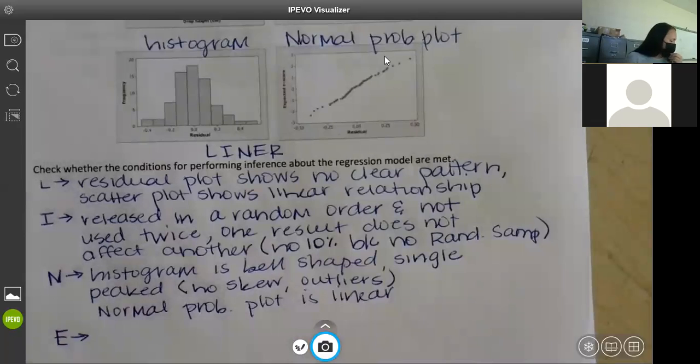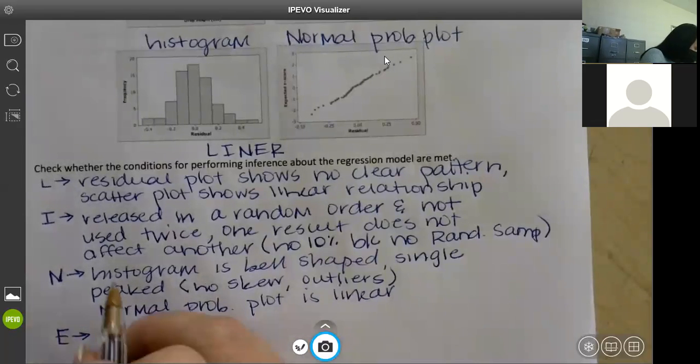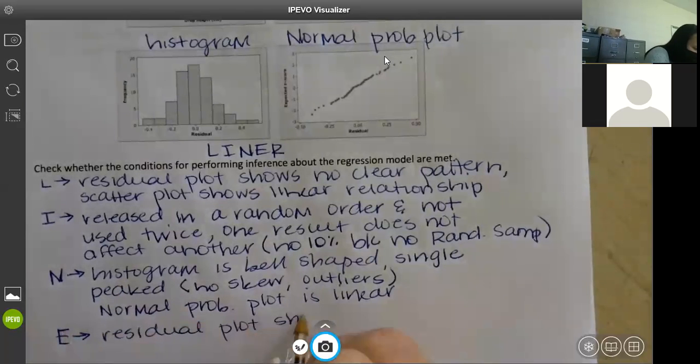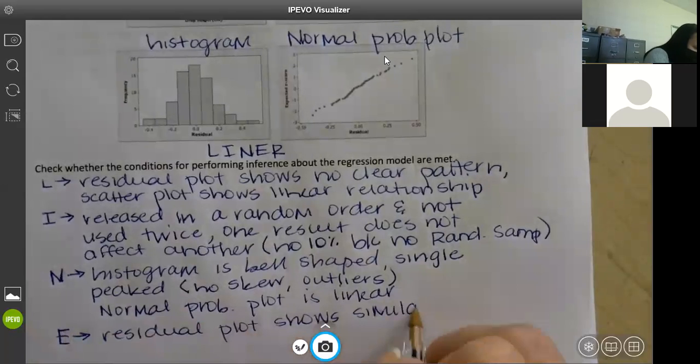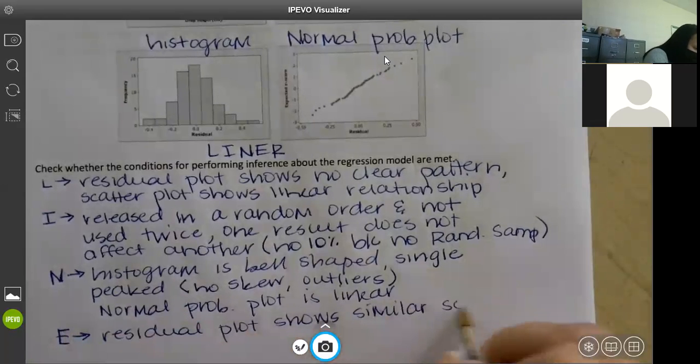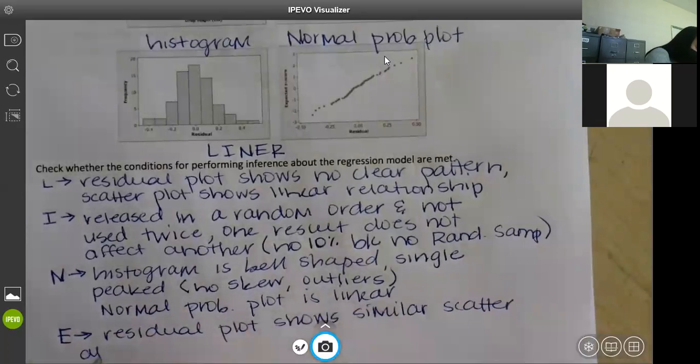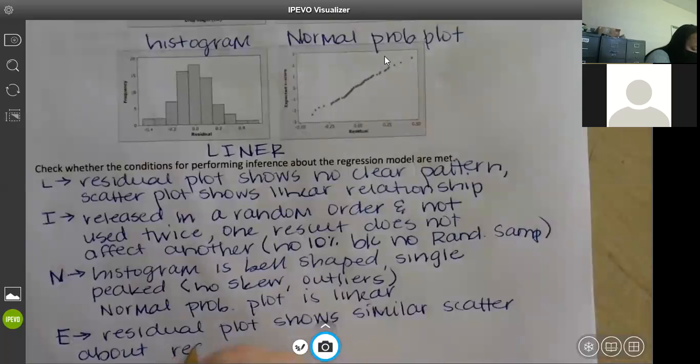E is the equal SD. I'm going to go ahead and write this down and then I'll explain it. The residual plot shows similar scatter about the residual equal to 0 line.